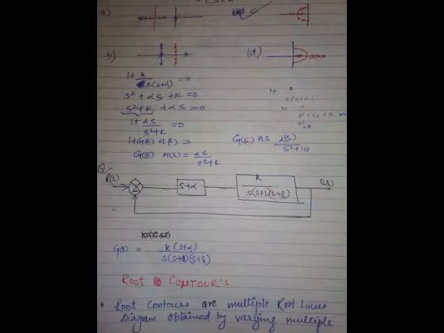Which section of real axis is root locus here? Minus 3 to minus infinity is root locus and 0 to 1 is root locus. Yes or no? That means this pole is going to infinity and this pole is terminating at 0.